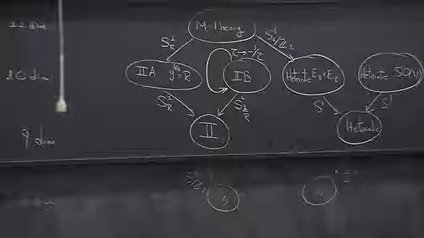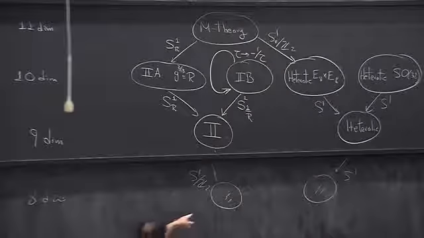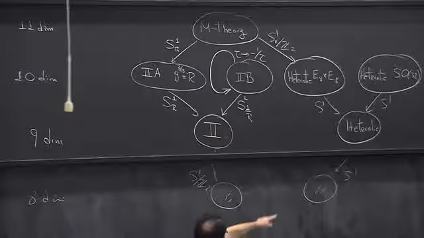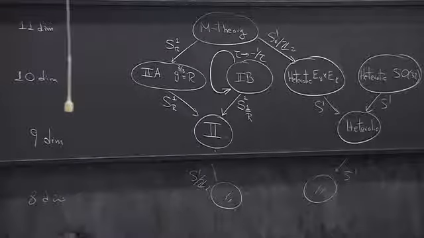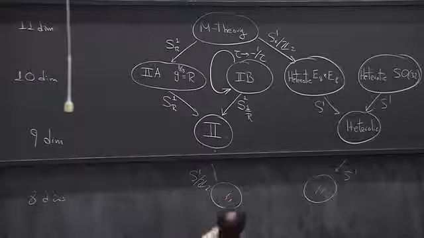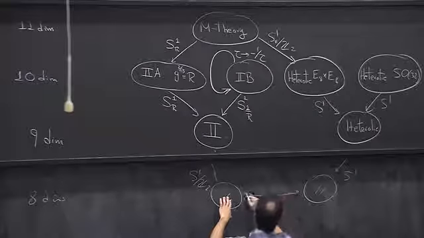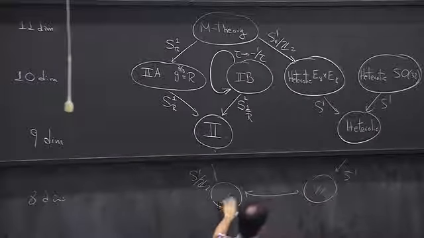But following the chain of connections here, we see that these two theories should be connected or related somehow. You just have to permute the order in which you do things. But they are both M theory compactified on the same thing, on two circles and one interval. So somehow this should tell us how to connect these two theories.